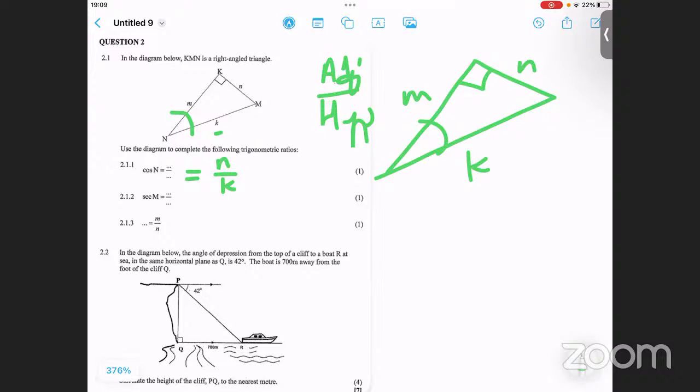Which side is adjacent? Sorry, sir, my mistake. I meant to say M over K, so that would be the right answer. M is actually the adjacent, sir. Yes, so this adjacent should be M over K.